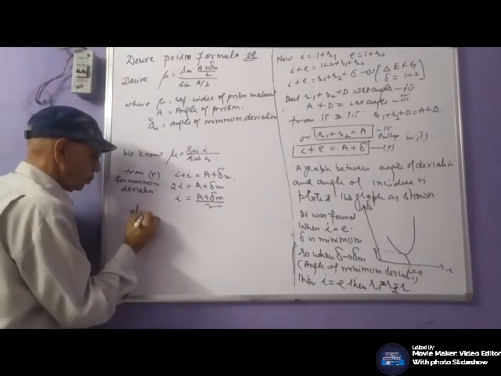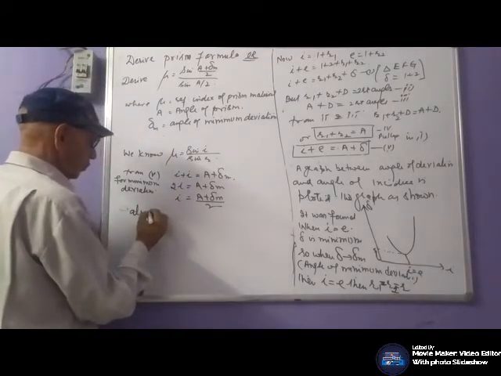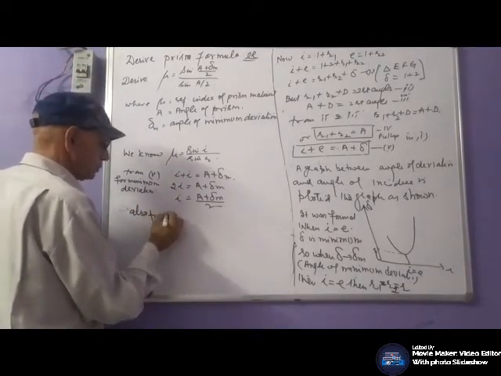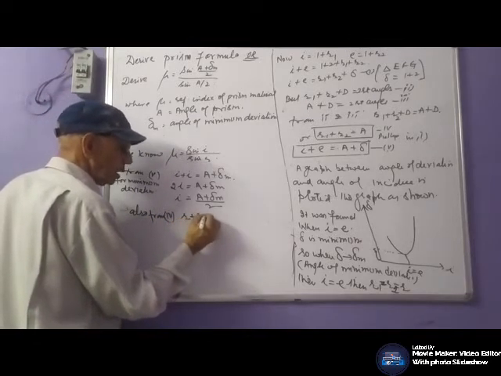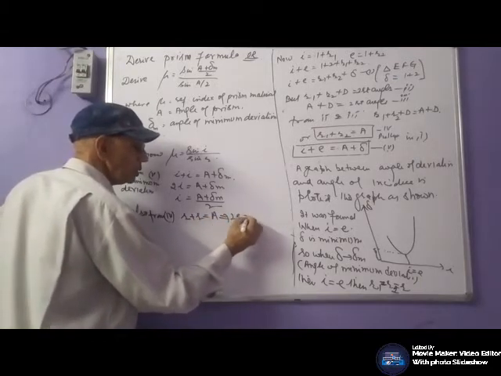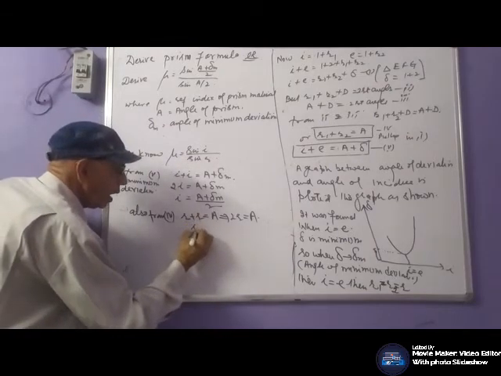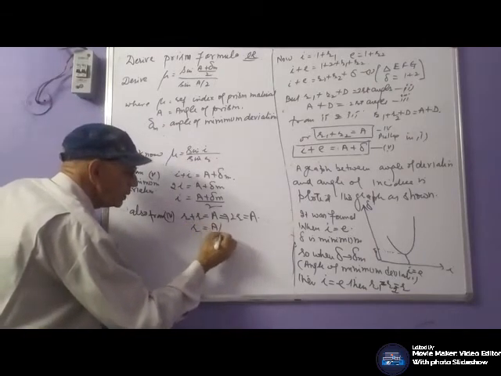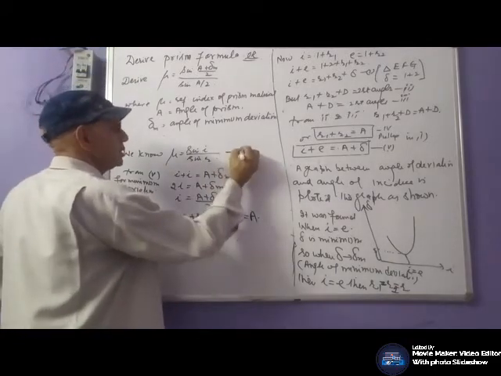Also, from fourth, R plus R is A, 2R is A, R comes out to be A by 2. This equation is 6.